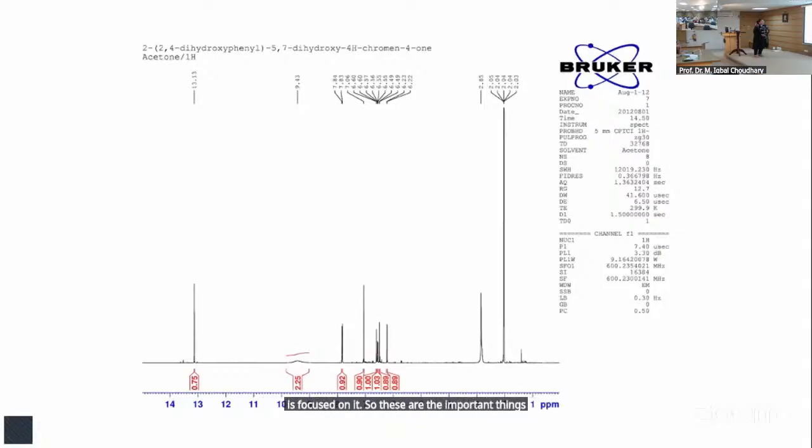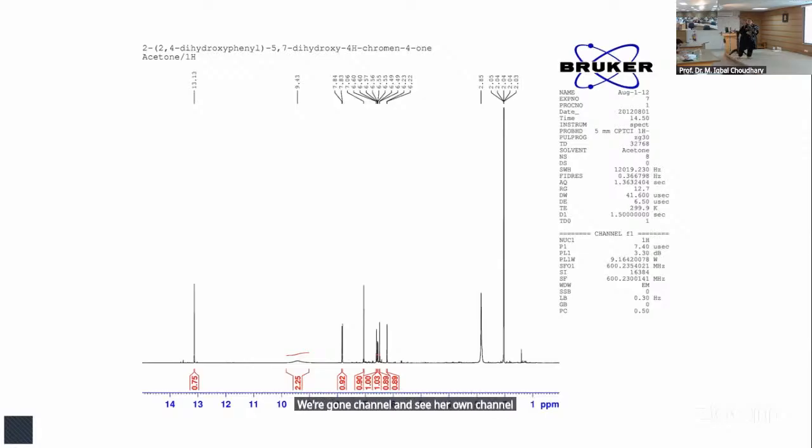And then which nucleus is on which channel. In our spectrometers, we usually have a minimum of 2 or 3 channels. I would say at least 3 channels: one is the deuterium channel, one is proton, and one is carbon. The deuterium channel needs to be there because we are using deuterated solvent for lock and everything, so the deuterium channel is a must. Then the proton channel and the C13 channel.